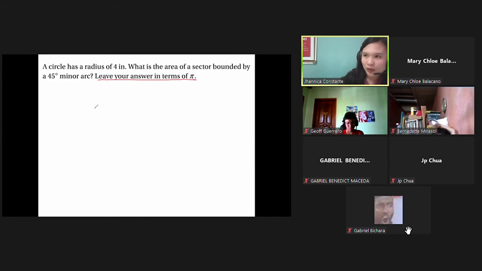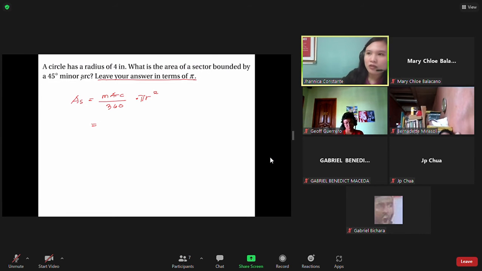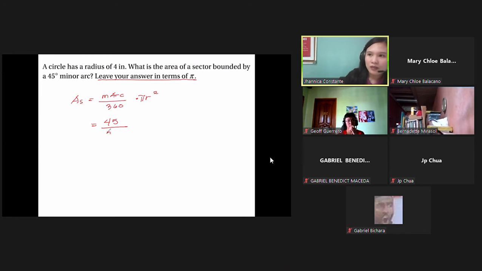For example, here, the area of the sector is equal to the measurement of the arc over 360 multiplied by the area of the circle, which is pi r squared. The measurement of the minor arc is 45 degrees divided by 360 multiplied by pi. Our radius is 4 inches squared.